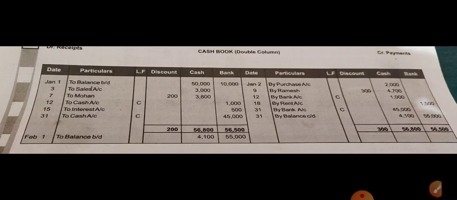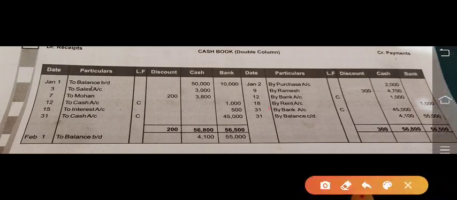Next point we have is, and this is the last point, deposited with the bank the entire balance after remaining rupees 4,100 at office. Now here what we have to do? Here we have to check that whatever balance of cash we have, of that will keep only 4,100 with us and the remaining amount need to be deposited to bank. So here just hide these points, because this is the transaction that will take place at the end after putting every adjustment.